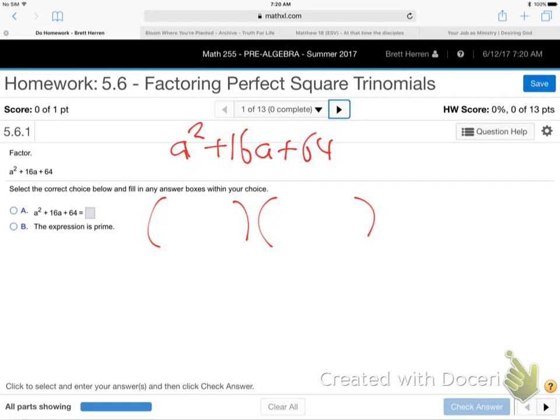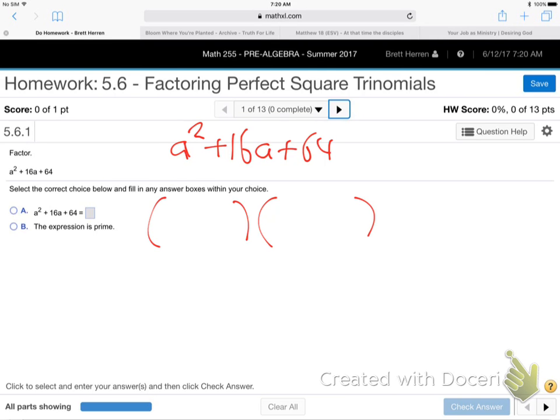Plus 64. See if you can factor that. So remember how that works.